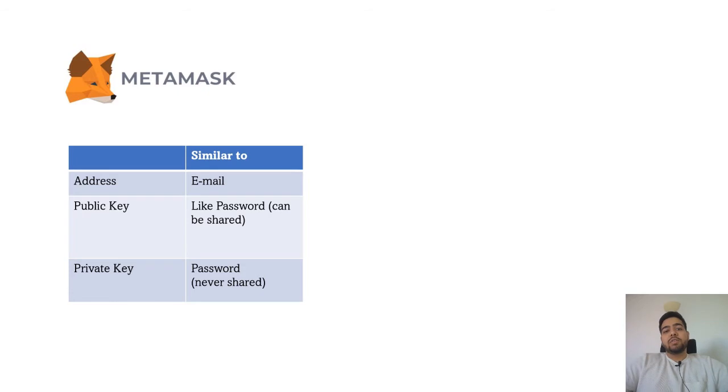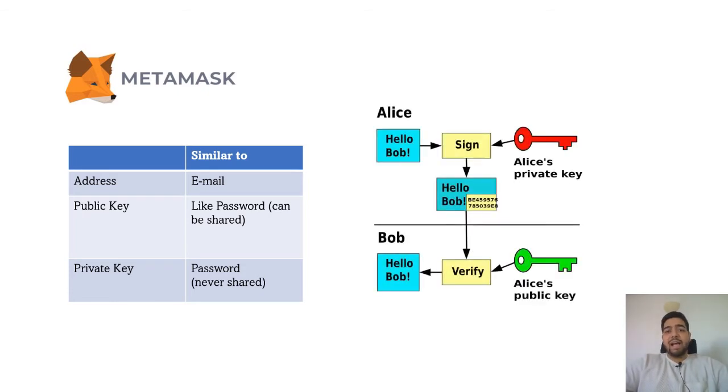Let's talk about the use of public keys and private keys. So if there is Alice who wants to send this message that is hello Bob to Bob, she will use her private key to sign on top of this message, and then she will send this signed message to Bob.